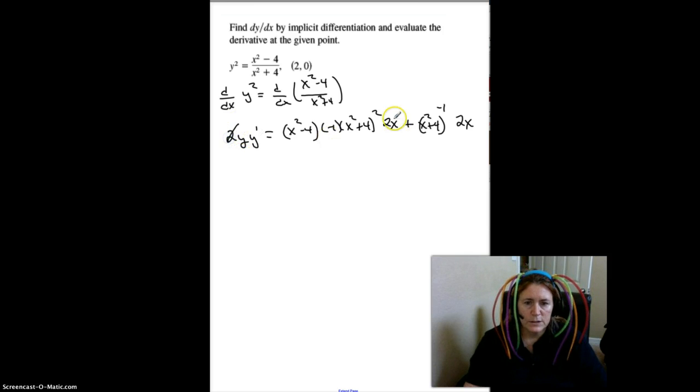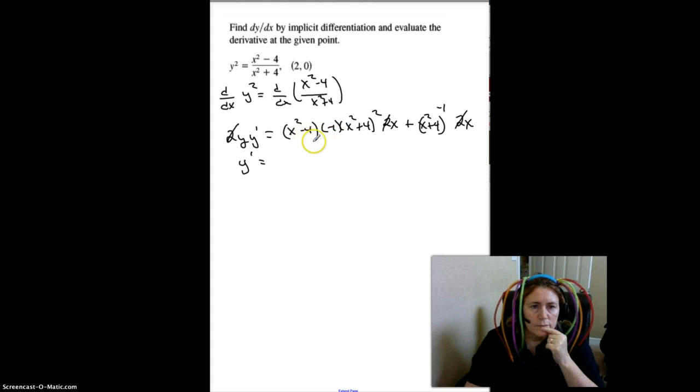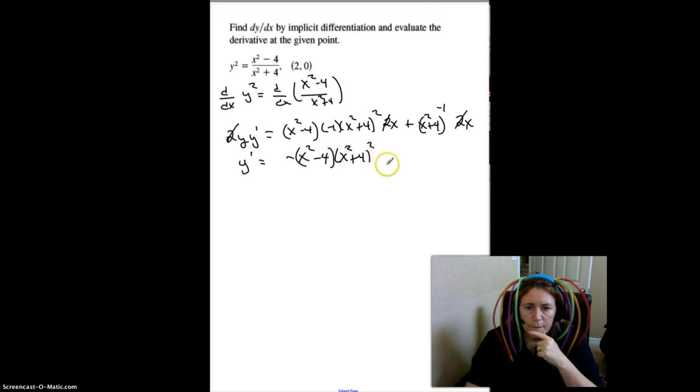I'm going to take a 2 out of everything because I'm going to get myself in trouble if I don't. So y prime is, what is this? Did I do that right? Minus (x squared minus 4) times (x squared plus 4) squared, plus 1 over (x squared plus 4), oops, times x.